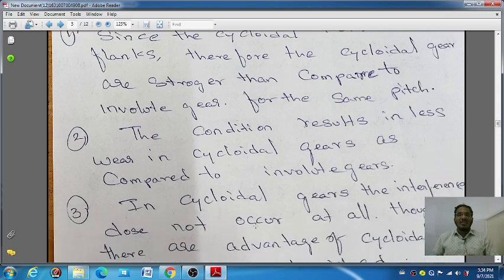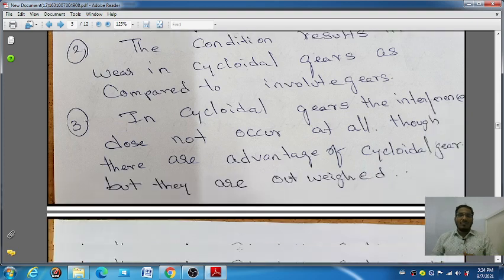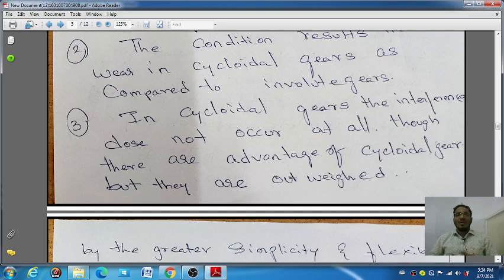The second is that the resulting wear of cycloidal gears is less compared to involute gears. The third is that in cycloidal gears, interference does not occur at all. Though there are advantages of cycloidal gears, they are outweighed.